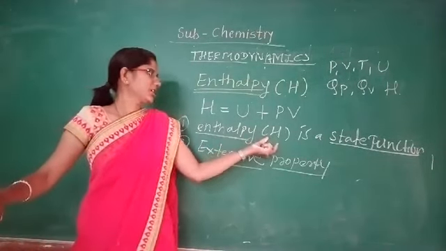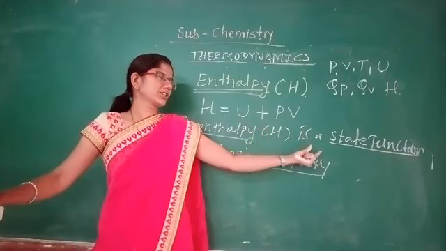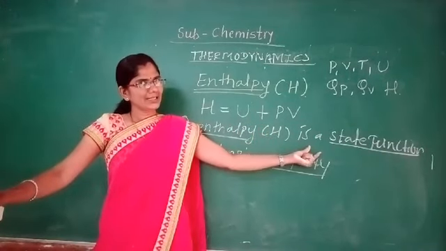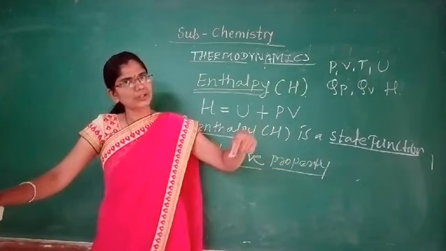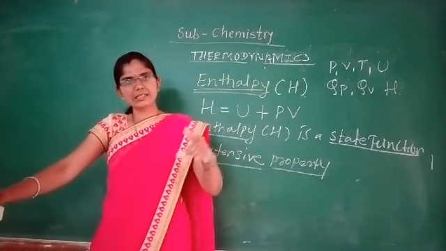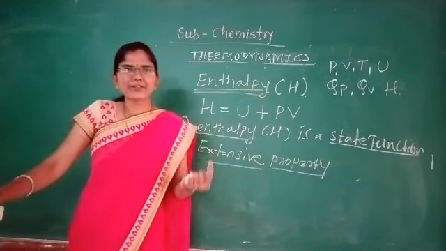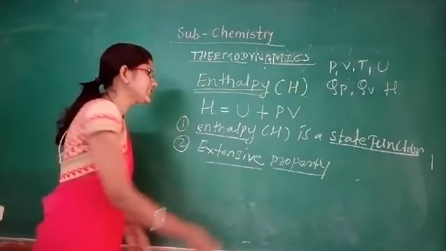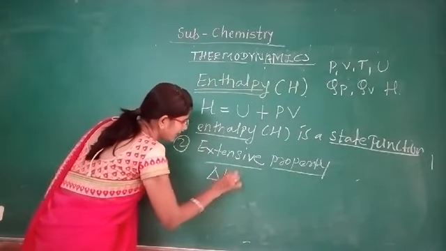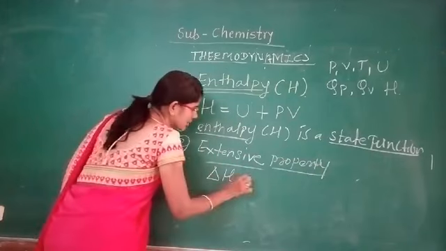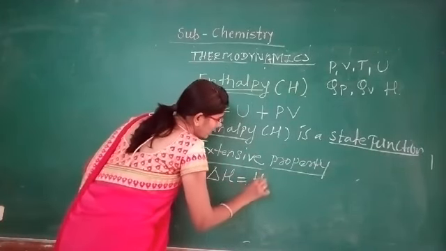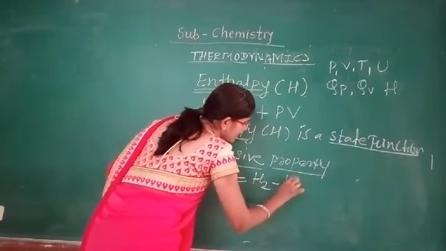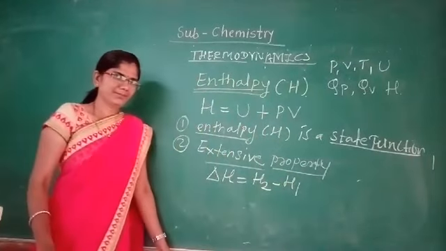Enthalpy is a state function, meaning enthalpy depends only on the initial and final state of the system, and therefore we can write the change in enthalpy, delta H, which is equal to H2 minus H1.